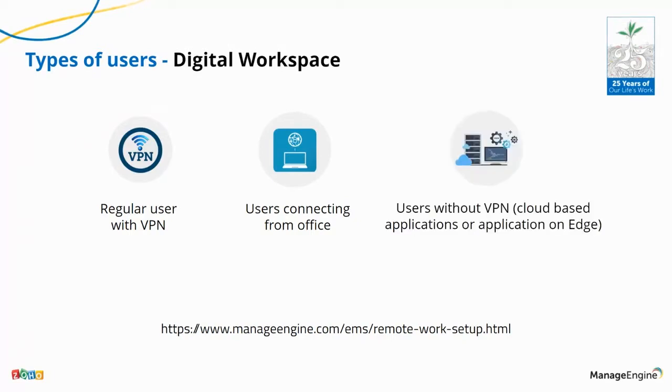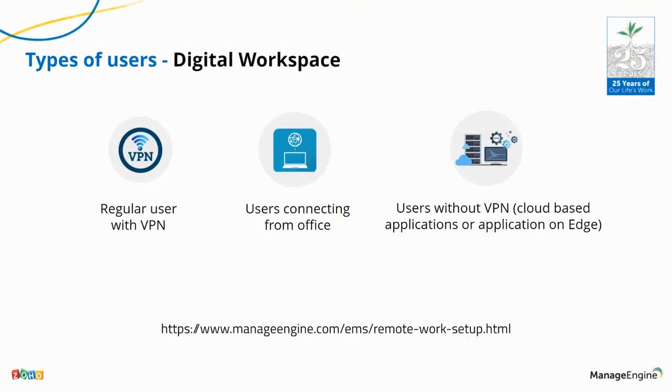The third type would be people who will be utilizing cloud applications for their business needs. All their business applications will be on the cloud. They don't require any VPN. All they require is internet connectivity. They can easily connect from anywhere, get connected to those applications on the cloud, and use them for business needs.